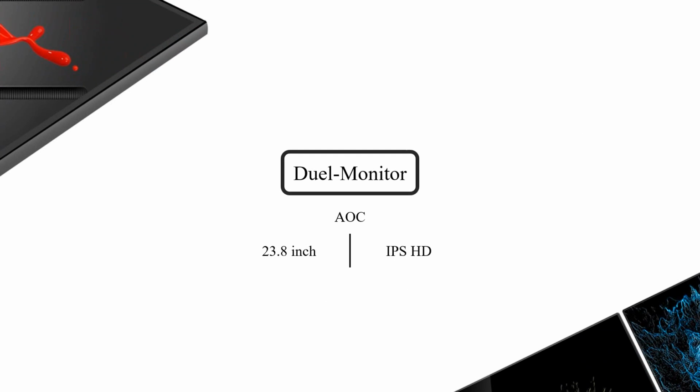As for monitor configurations, DP920 is equipped with 2 AOC 23.8-inch IPS monitors. The dual monitor configuration is going to provide you with great convenience for your forensic analysis.